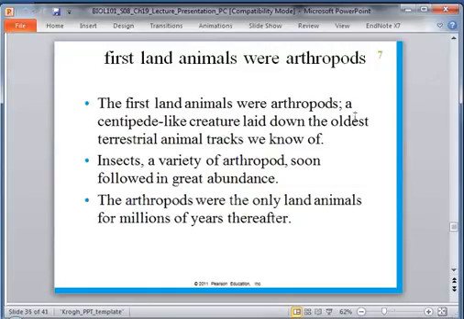But those first animals that move on to land are going to be arthropods, which are basically centipede-like creatures, insects, and they enter this world full of plants with nothing else there, right? They had all this competition in the water, but once they get onto land, there's all these open niche dimensions. And so they're able to diversify incredibly. But for millions of years, arthropods are the only land animals.